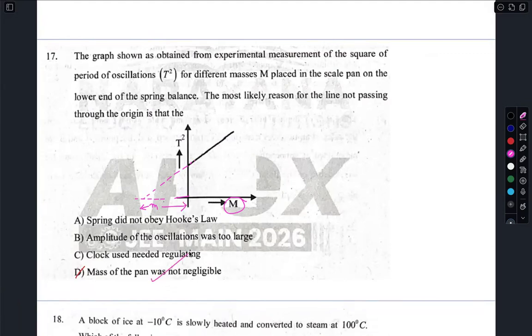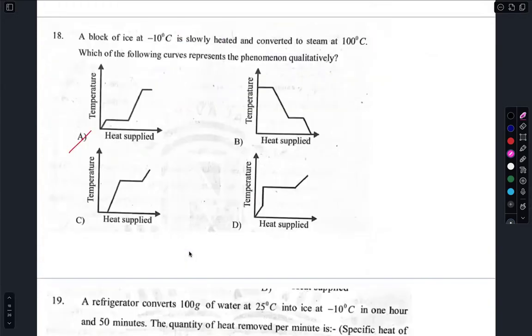Correct option. Now, a block of ice at minus 10 degrees centigrade is slowly heated and converted to steam at 100 degrees centigrade. Which of the following graphs is right? Come on, common sense here. This one.